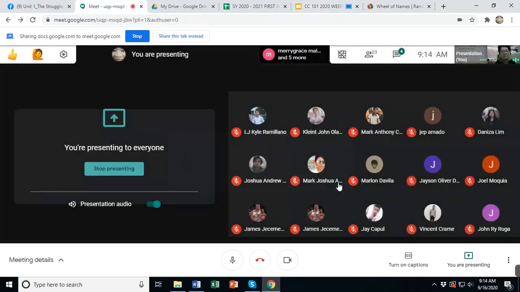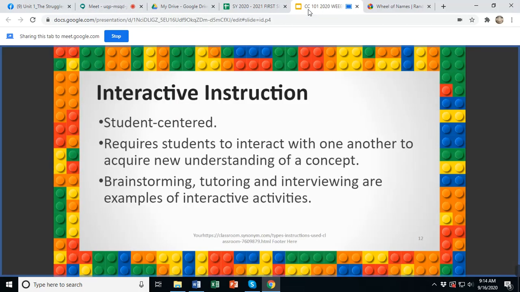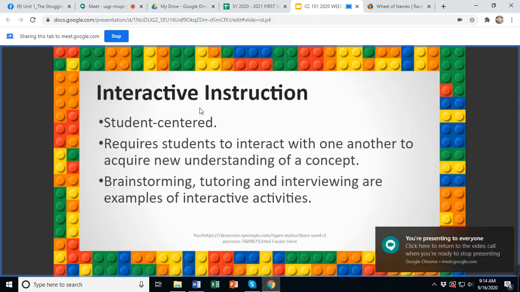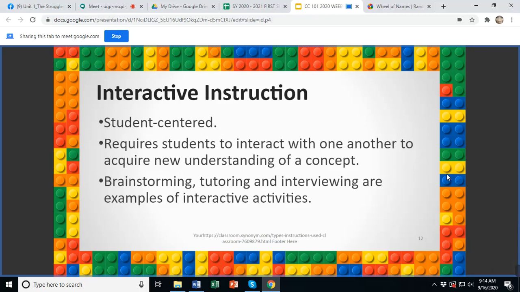But in our case, it's interactive instruction, wherein I ask questions and you also ask questions of me. So let's try to maintain interactive instruction.